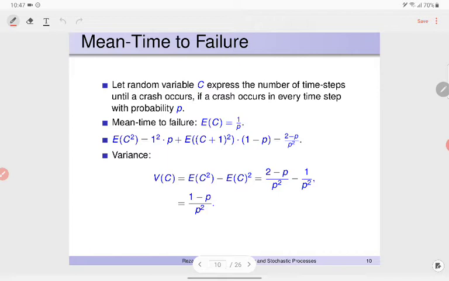Then we can use this to look at our mean time to failure that we have seen from the previous lecture.